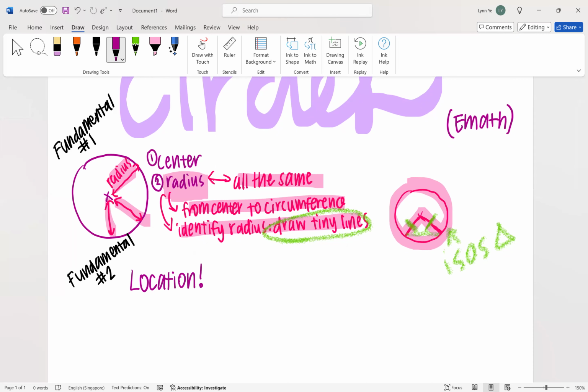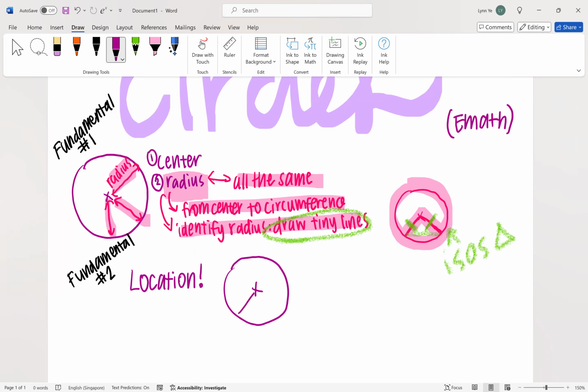Now, remember just now you told me another keyword that someone mentioned is diameter, correct or not? So what is something that you learn about diameter? Diameter is equal to what? Radius times 2, right?